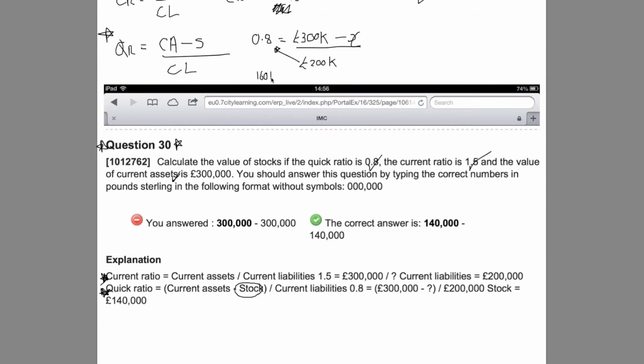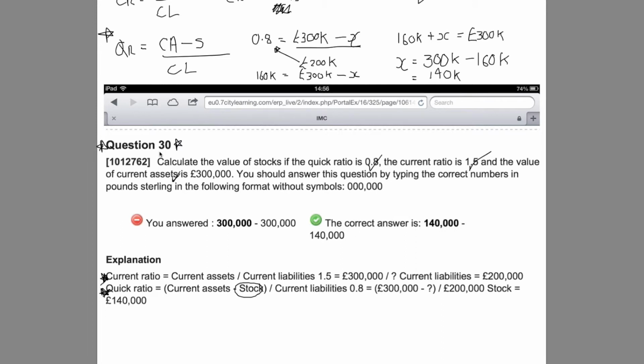So 160k now equals 300k minus x. What we can do is just do a bit more algebra to say 160k plus x equals 300k, and therefore x has got to equal 300k minus 160k, which of course will equal 140,000.